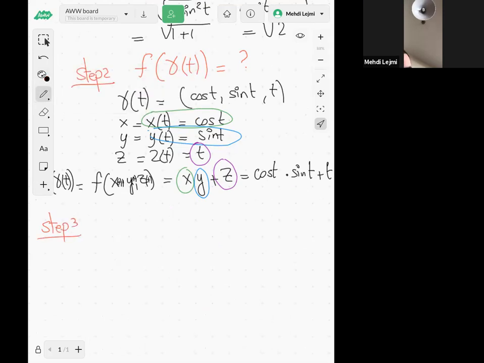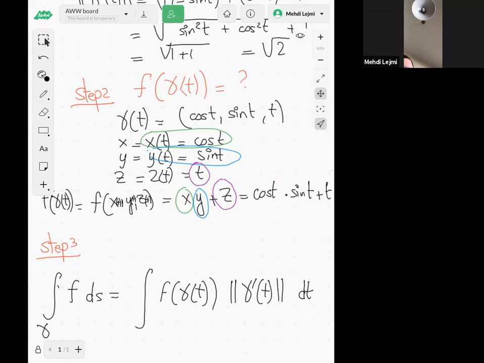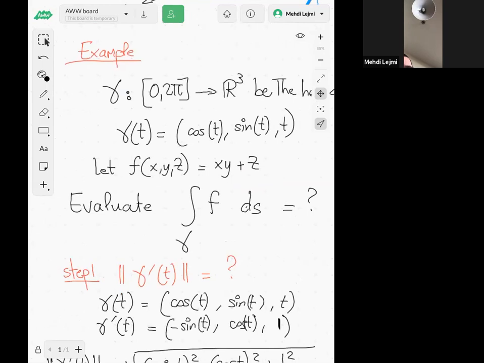The integral of f along the curve gamma is equal to, by definition, let me just write down the definition, f of gamma of t, times the length of gamma prime of t, dt, right? And t is in the interval 0 to pi.